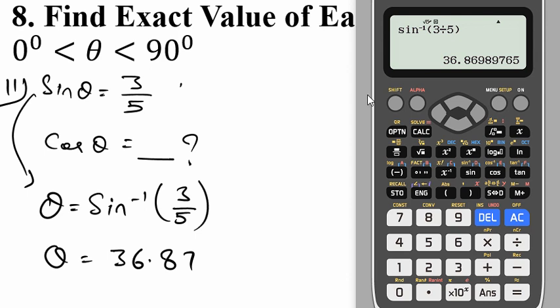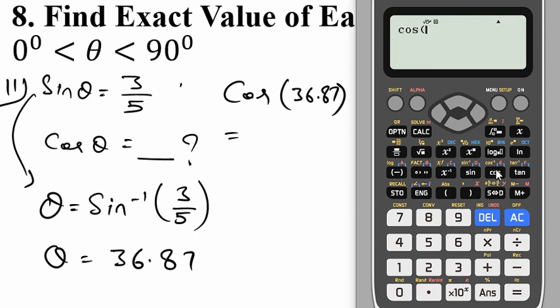And now we have to find cos theta. It's very simple now. So cos of 36.87. Let's clear this, AC, and cos 36.87, because first we need to find theta and then substitute it in the cos. So you are getting 0.799, approximately 0.8.